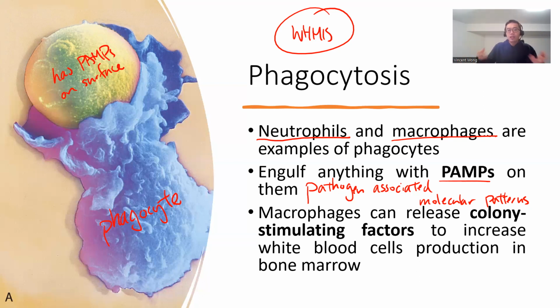These stimulating factors will go to the bone marrow and crank up the white cell production, so you end up making more. Then they will go to the site of infection and help fight it off. But how do they know where to go? I will have to explain that later on.